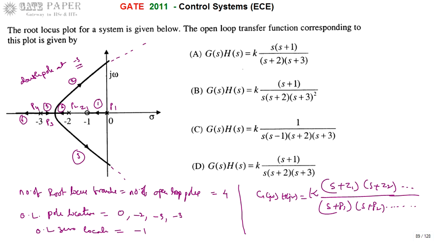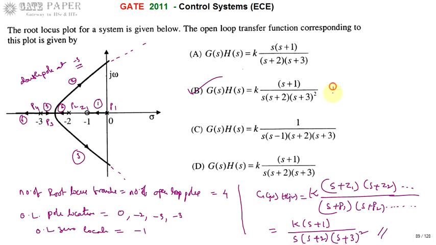From this we have only one zero, so we can write it as K into (s + 1), because the zero location is at -1, divided by: the first pole location is at origin, the second pole location is at -2, that is (s + 2), and the third pole is a double pole at -3. So this is the transfer function for the given plot: K(s + 1) divided by s(s + 2)(s + 3) whole squared.